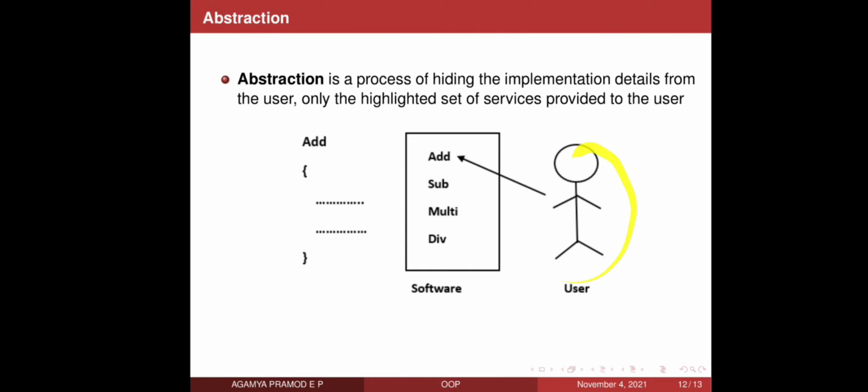The user clicks a button, that is add, and the user can only see the external features of the software, but when the user clicks the add button, the internal implementation details work on the internal side, and the user cannot see that, but the user gets the actual output of the operation.